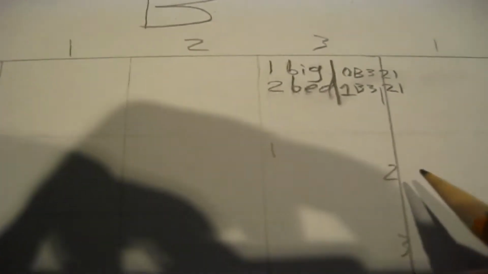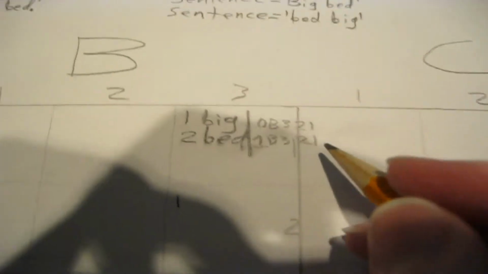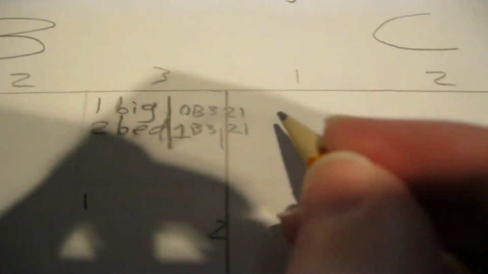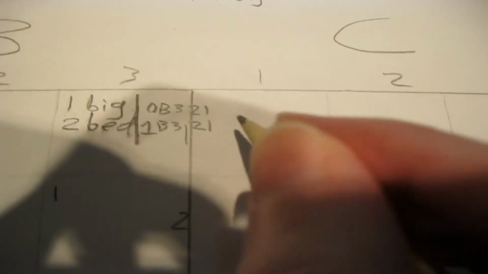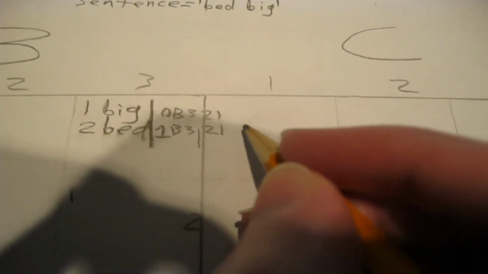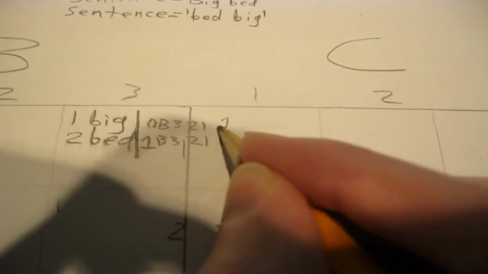And what we do then is you're going to basically end up with the same thing here, but you're going to add on to the sets a new set of 5 objects. So since it's "bed, big," you're going to give them the same set, but this one's going to begin with a 0, and this one's going to begin with a 1.